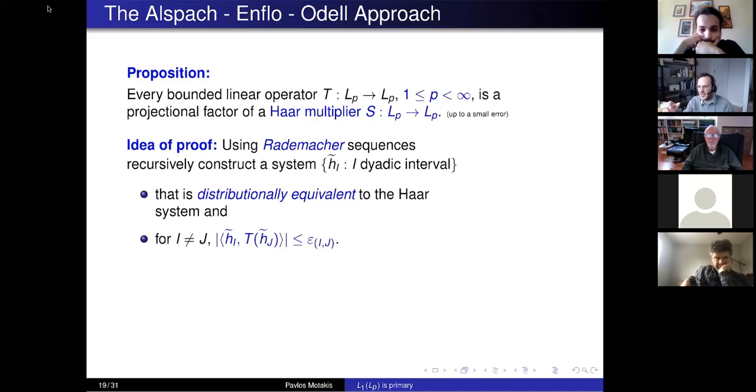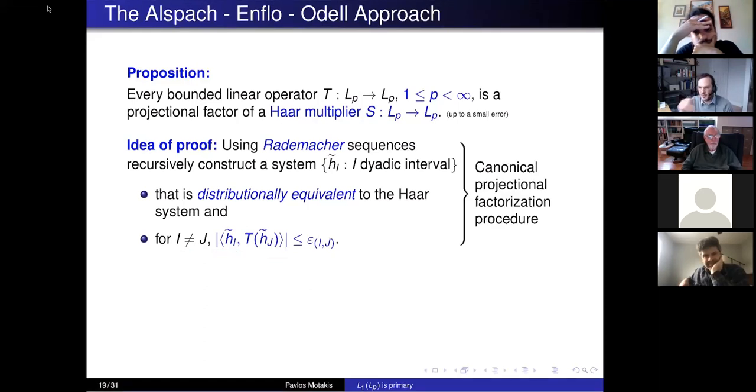Whenever you have built finitely many pieces, then you know what your next function needs to look like, in the sense of what you want its support to be, in which set you want to define it, and you want it to be 1, negative 1 valued. So you take a Rademacher function of very high frequency, so that this orthogonality is satisfied. This is a very elementary process. If you ever worked in LP spaces, you maybe had to do this yourselves.